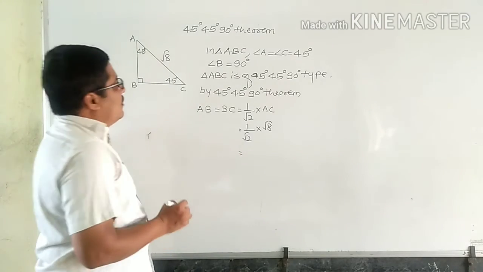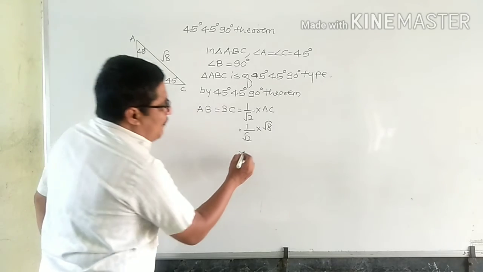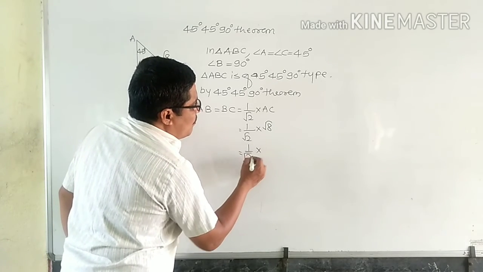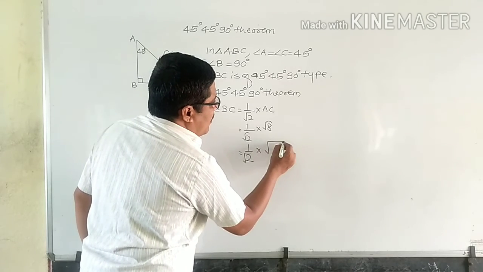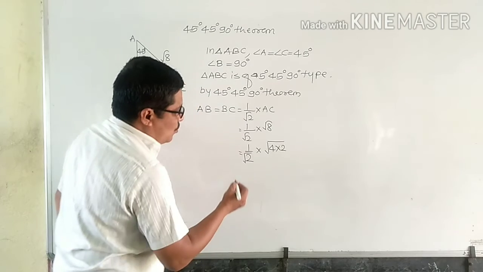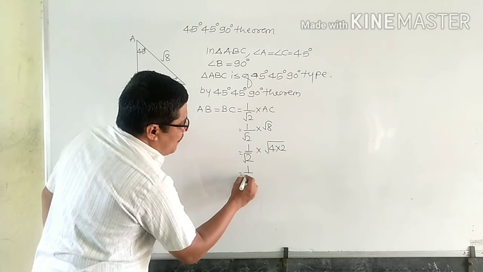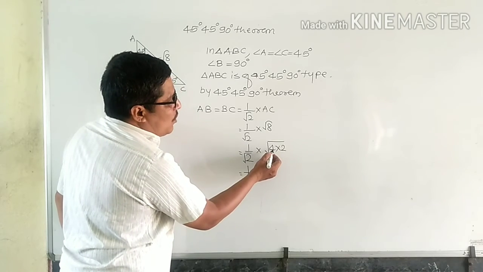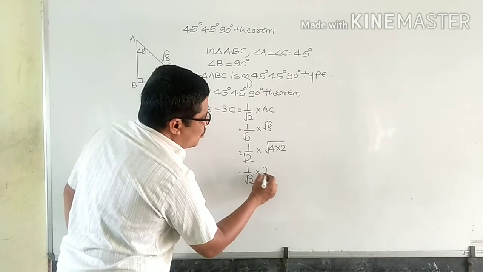So 1 upon root 2 multiplied by root 8, we can factorize 8 as 4 into 2. So 1 upon root 2 multiplied by square root of 4, which is 2.